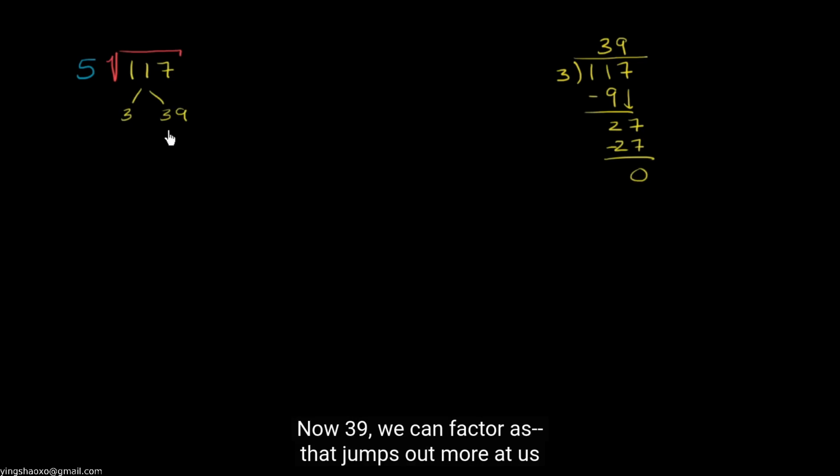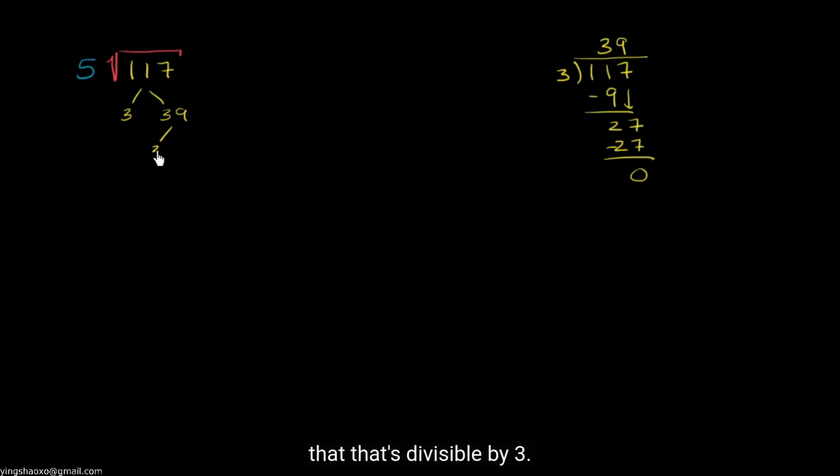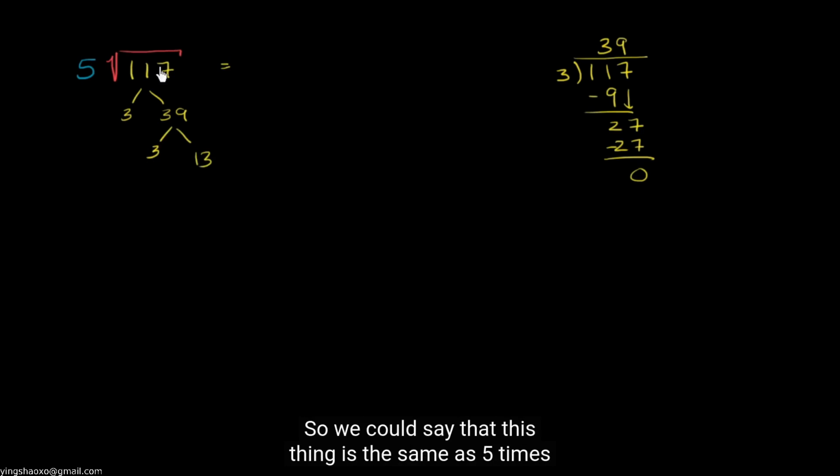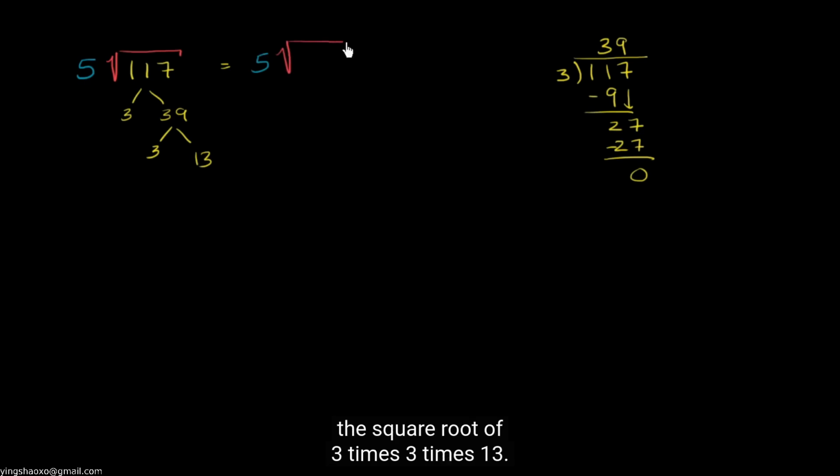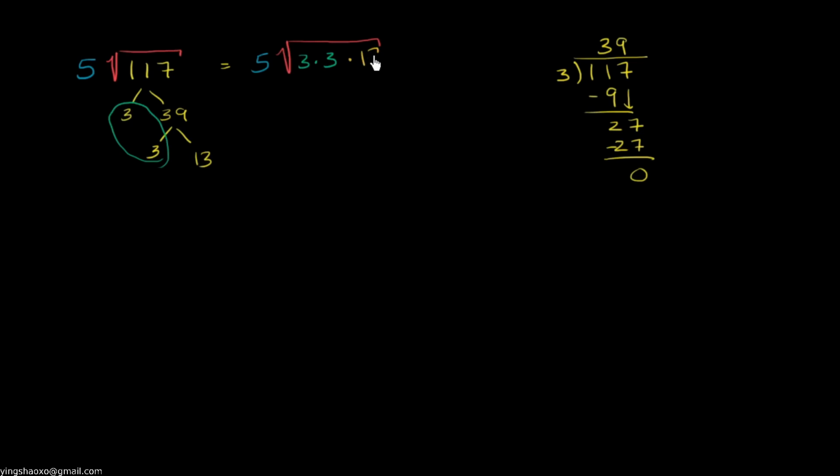Now 39, that jumps out more at us, is divisible by 3. That's equivalent to 3 times 13, and all of these are now prime numbers. So we could say that this thing is the same as 5 times the square root of 3 times 3 times 3 times 13.